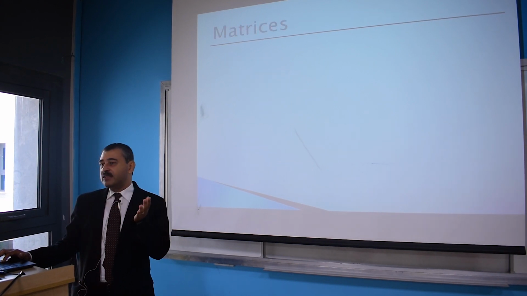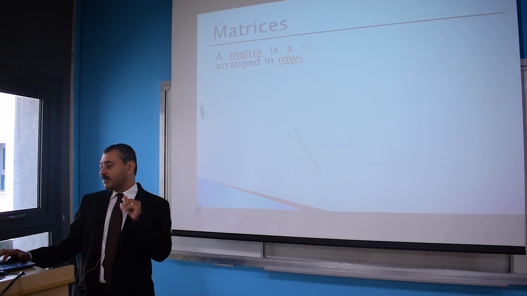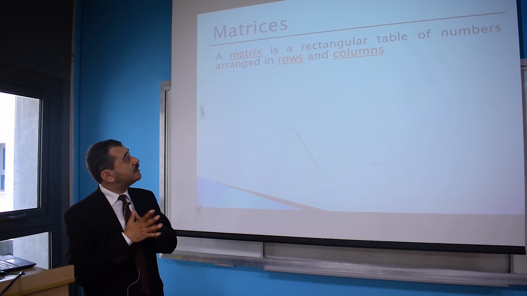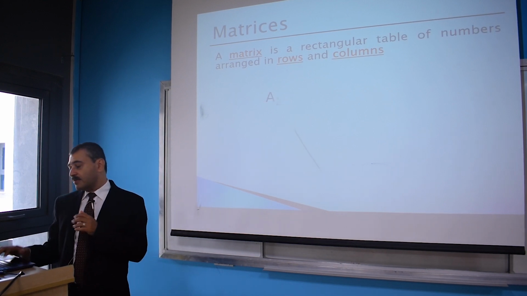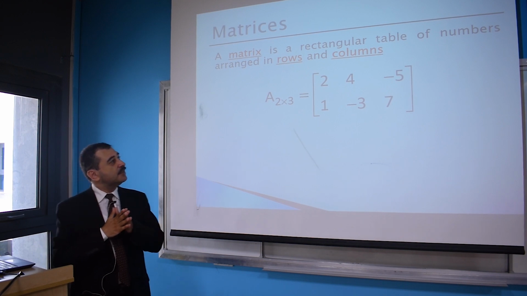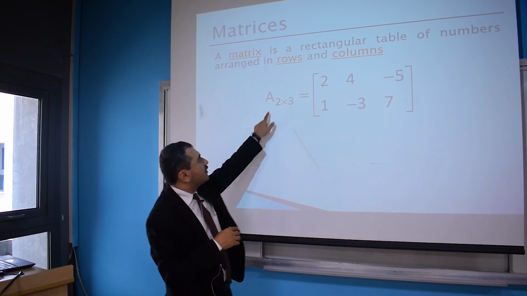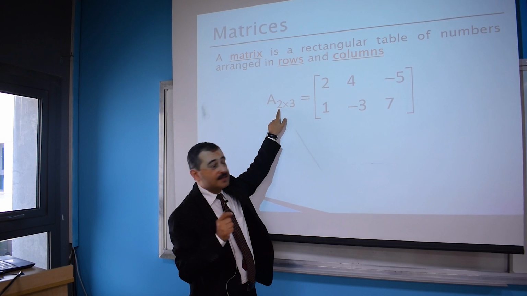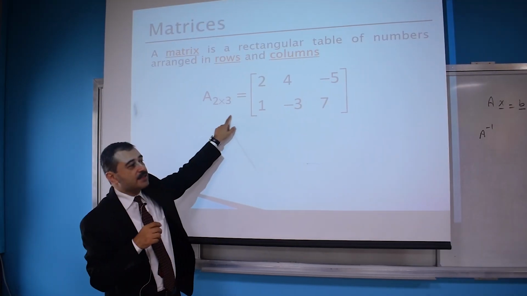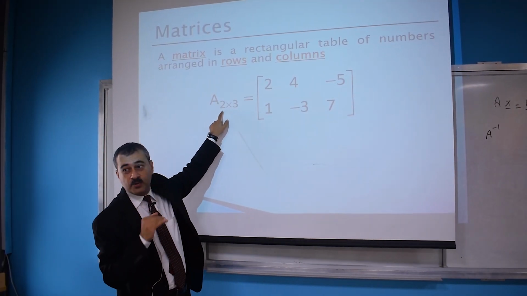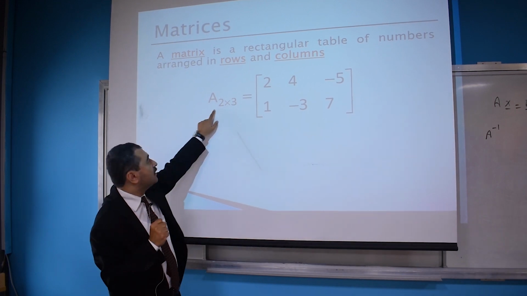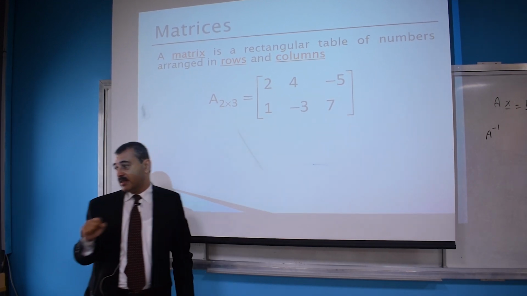As you see, a matrix is a rectangular table of numbers arranged in rows and columns, as you saw in chapter 1. And we write here the dimension of the matrix. So for example, this matrix has 2 rows and 3 columns, so we write the dimension as a 2 by 3 matrix.